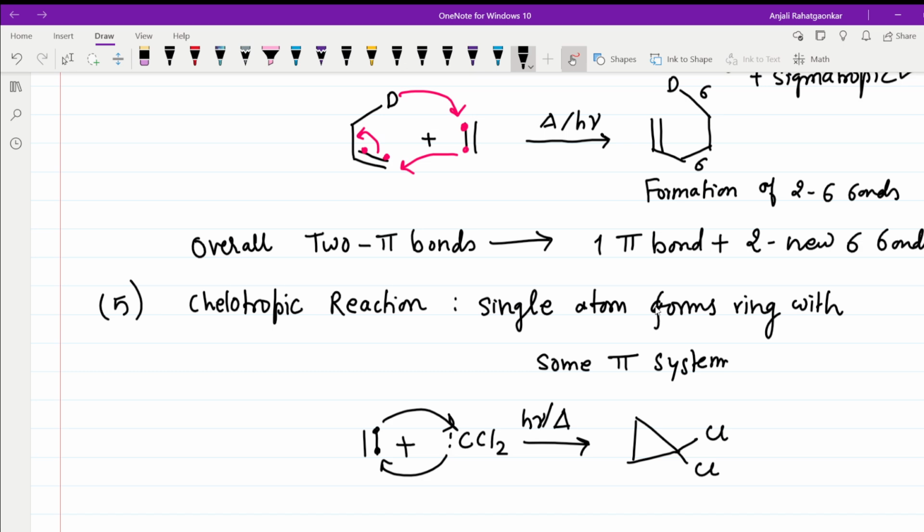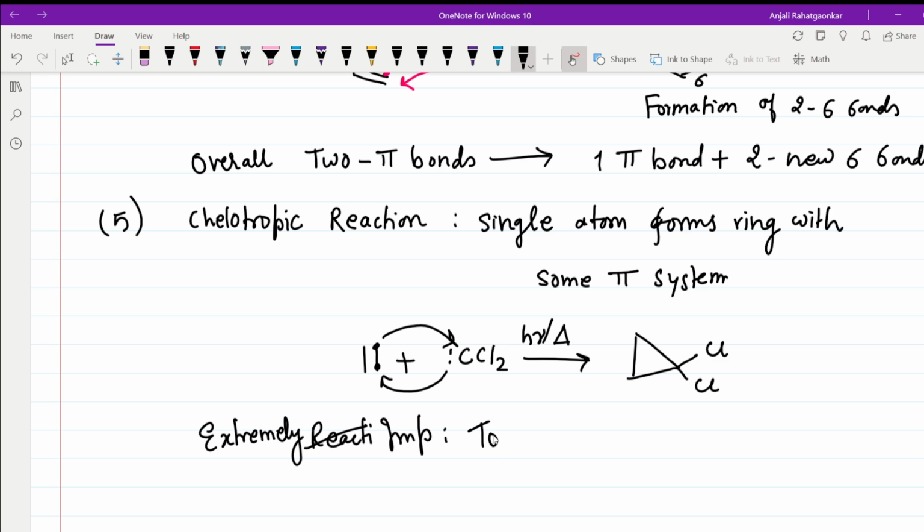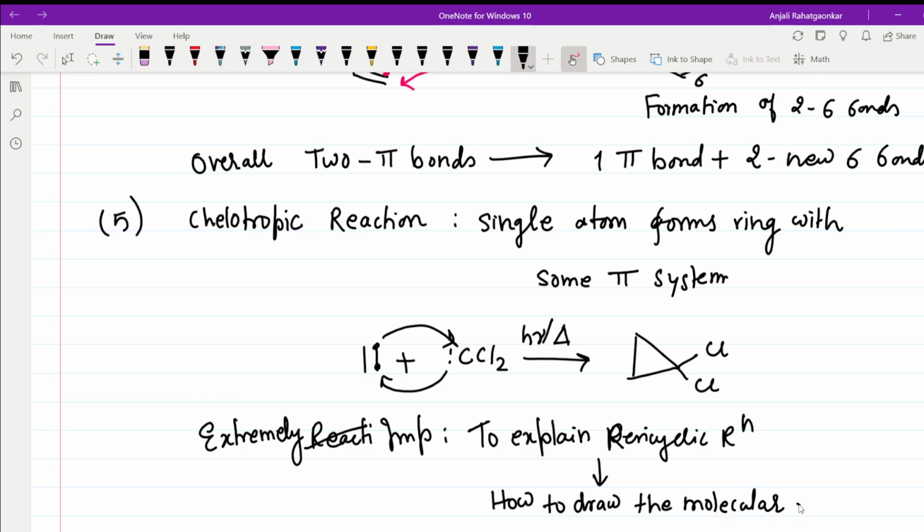So this is all about the brief idea of the pericyclic reaction. This is the introductory part, but the extremely important point to be noted here is that to explain pericyclic reactions, we must know how to draw molecular orbital diagrams.